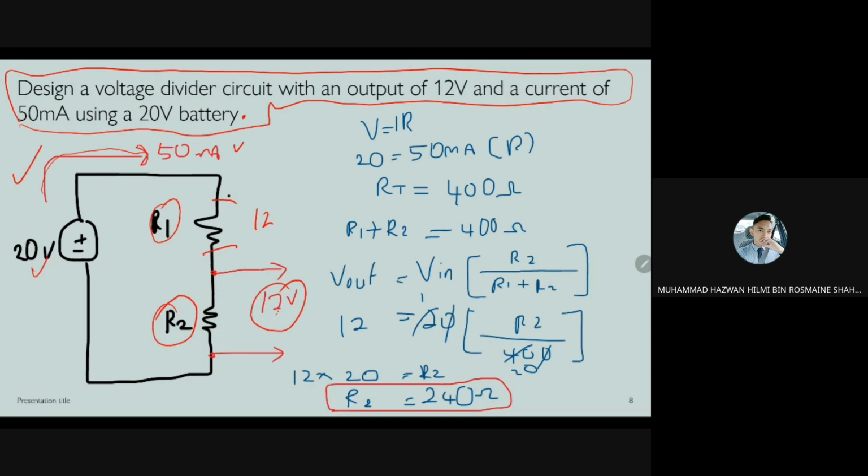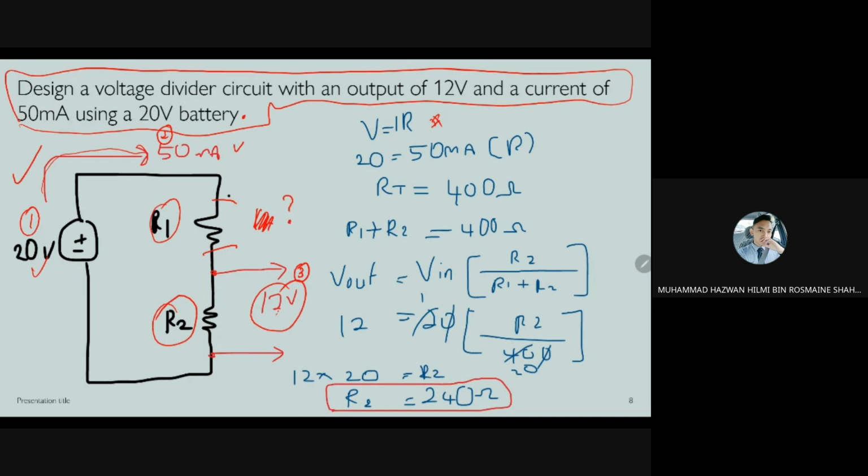So what you do is V equals IR again. You want to calculate the R total because you don't know R1 and R2. You only have one piece of information here, two here, and three here.